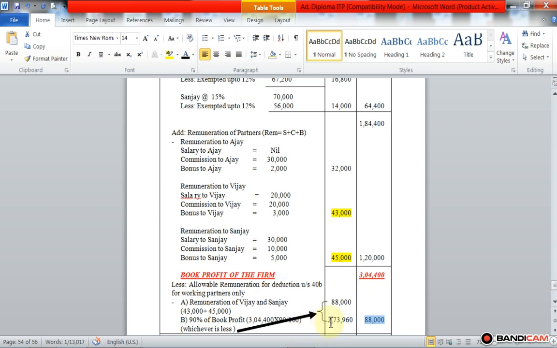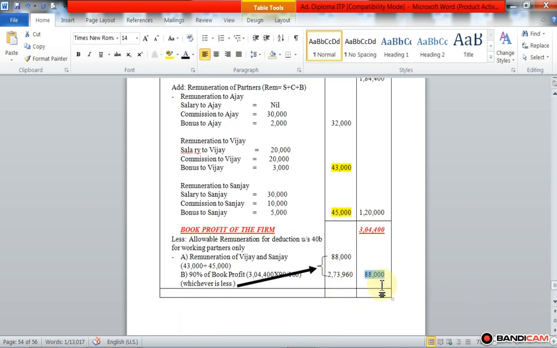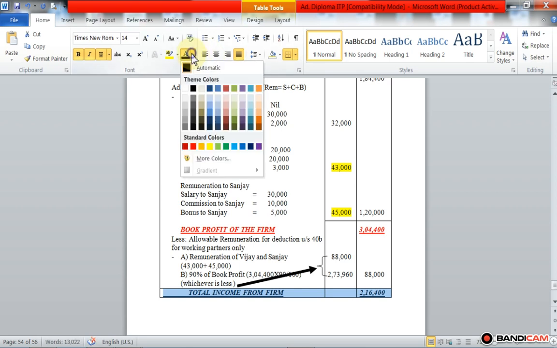Deduct this 88,000 from book profit: 3,04,400 minus 88,000, we get 2,16,400, the total income from the firm. Sorry, 2,16,400, not 2,66,400.